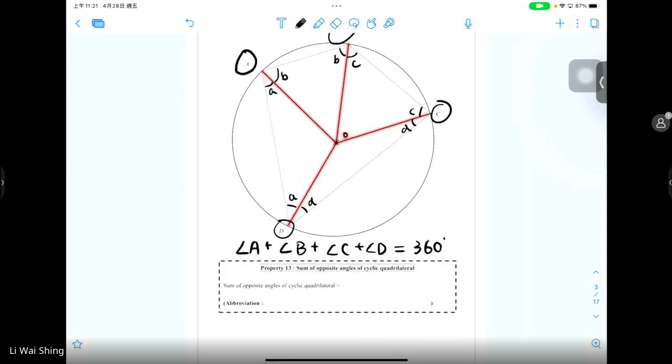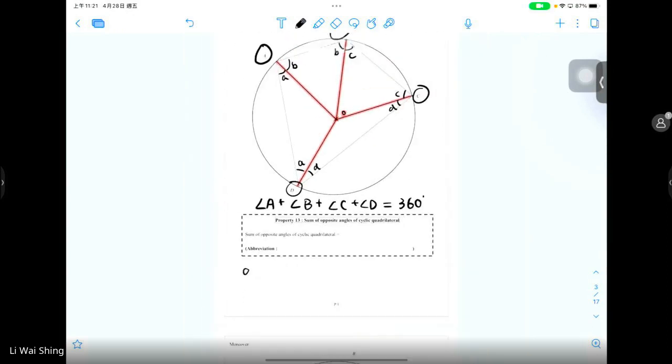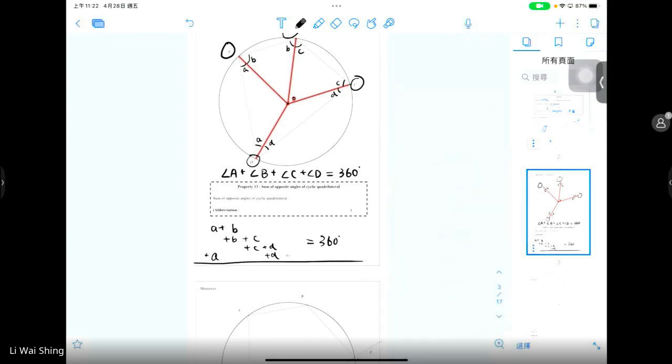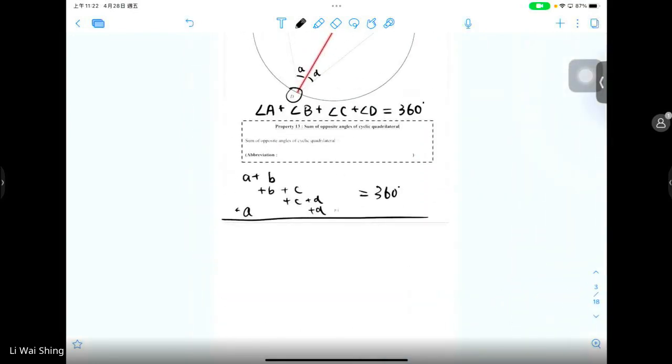Okay, what is angle A? A plus B. What is angle B? B plus C. What is angle C? C plus D. And what is angle D? A plus D equals to 360. 咁你睇到啲乜嘢啊？ What can you see from this figure?